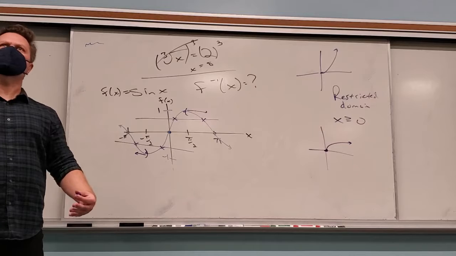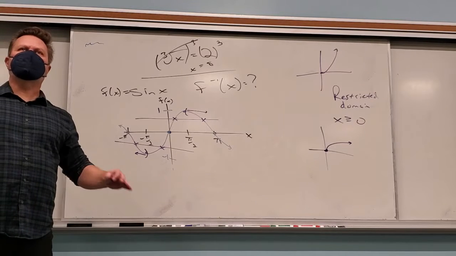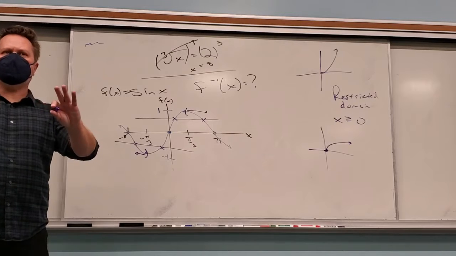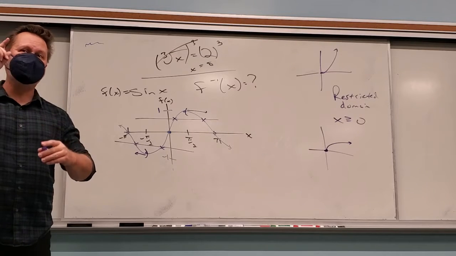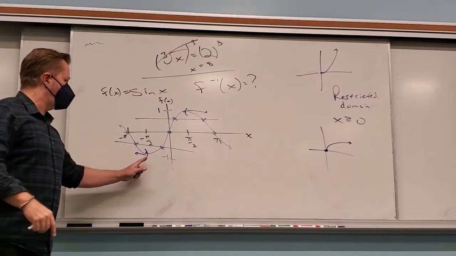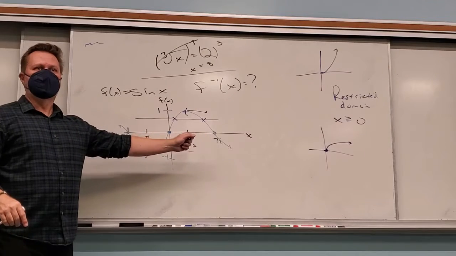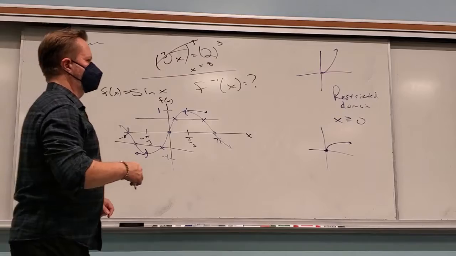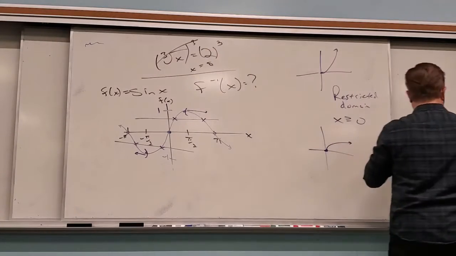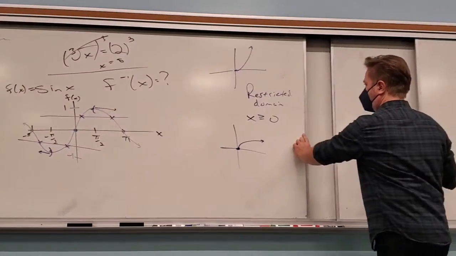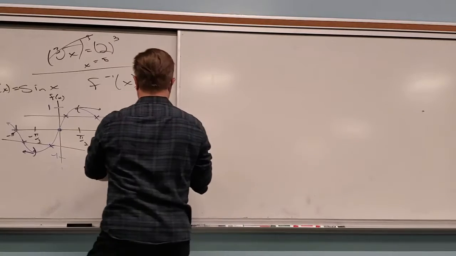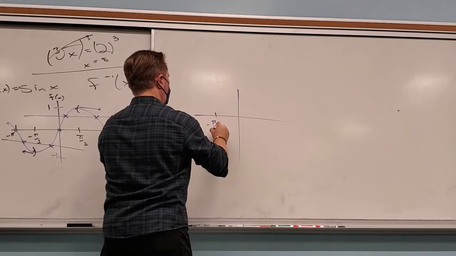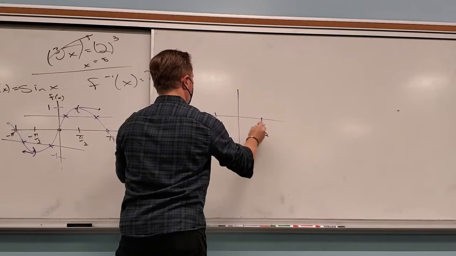And again, I'm not given a problem and I'm changing the problem. I am just saying, could there be an inverse function for sine? Yes, if you restrict the domain. So let's look at this by itself. Very good. So now I've got negative pi over 2, pi over 2.